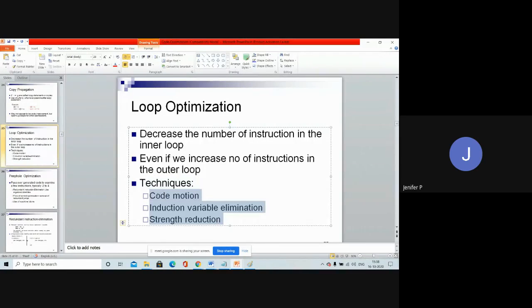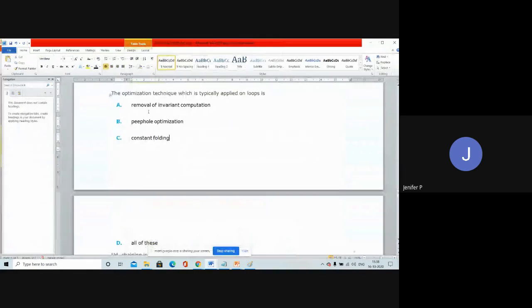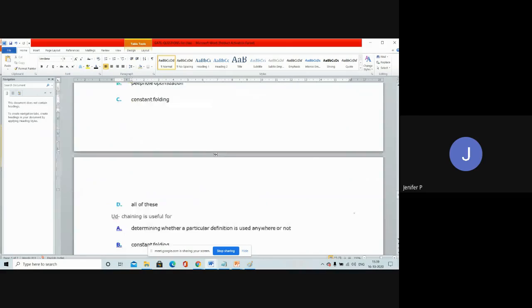These are the three main techniques when you are considering loops. So the answer is removal of invariant computation. Invariant computation is about invariant variables, how we can simplify them, avoid them, or reduce the use of such variables. That is said to be invariant computation.